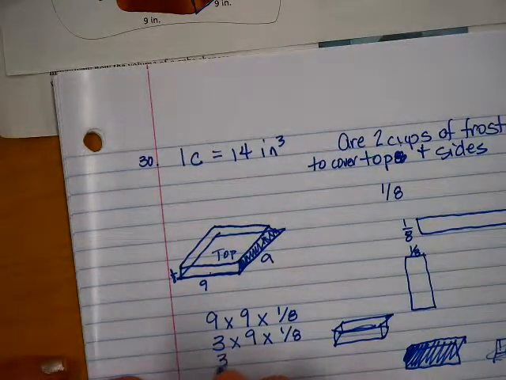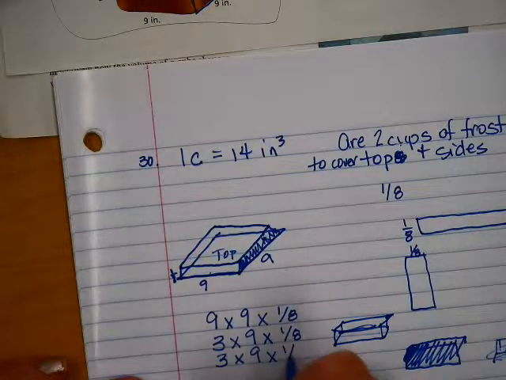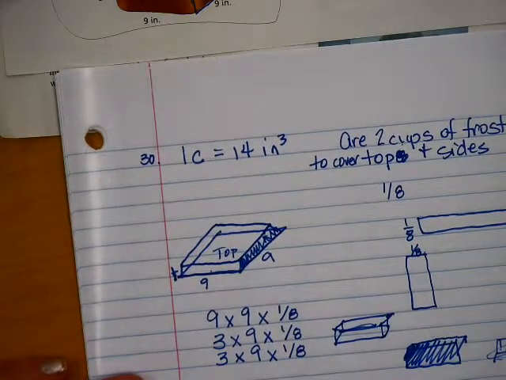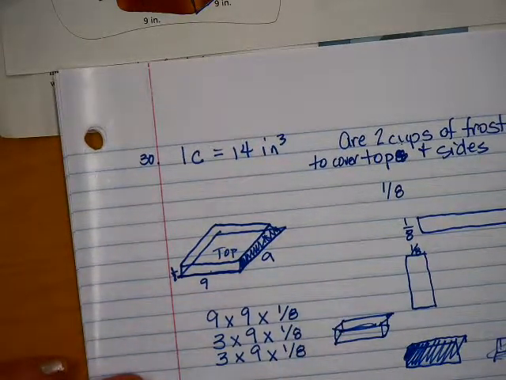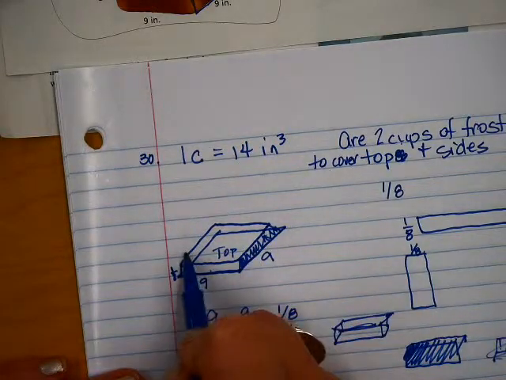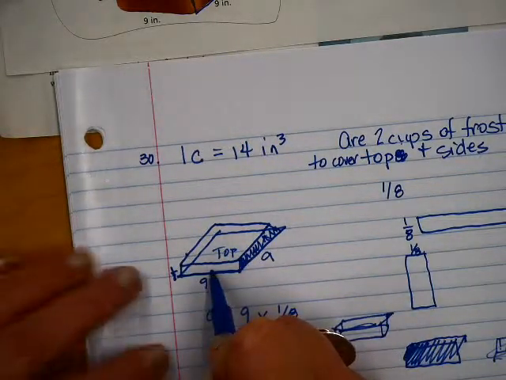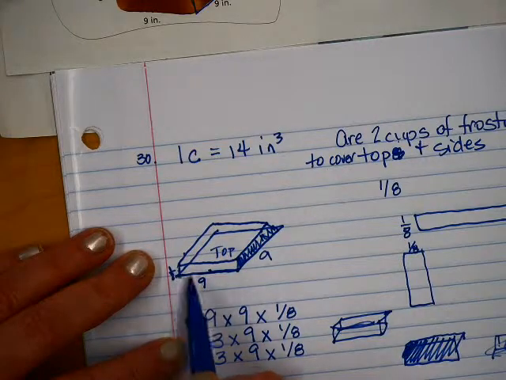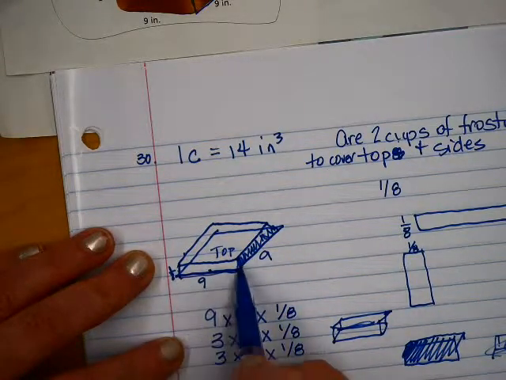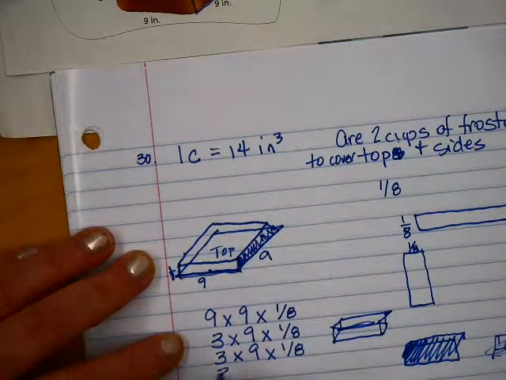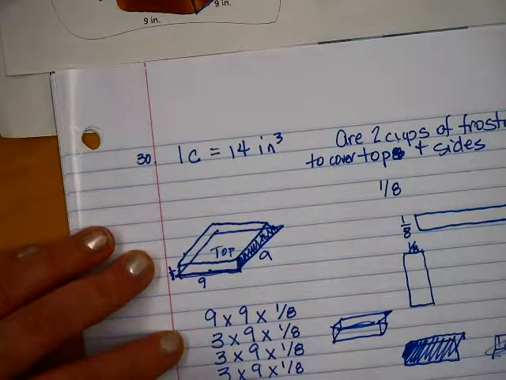Yes. So it's another 3 by 9 by 1/8. Very good, so I got one side. Now what is this side? Is it the same? It is going to be 9 by 3 also. So we got 2 more, the front and the back.